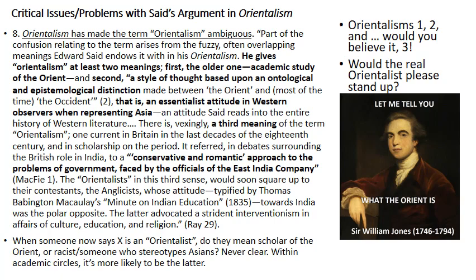When someone now says X is an Orientalist, do they mean scholar of the Orient, or racist, or someone who stereotypes Asians? This is never clear. Within academic circles, it's more likely to be the latter. So now if you study South Asia, you call yourself a South Asianist. You don't call yourself an Orientalist, because Said has so much changed the connotations of the word that it's become a pejorative term.